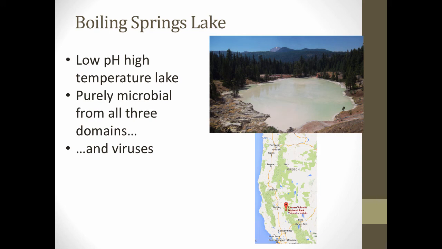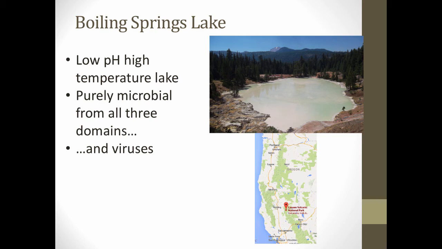So this is relatively tame as far as the places that our viruses come from. But this hot acidic pond contains life from microbial sources from all three domains. When you have microbial life, you also likely have viruses.